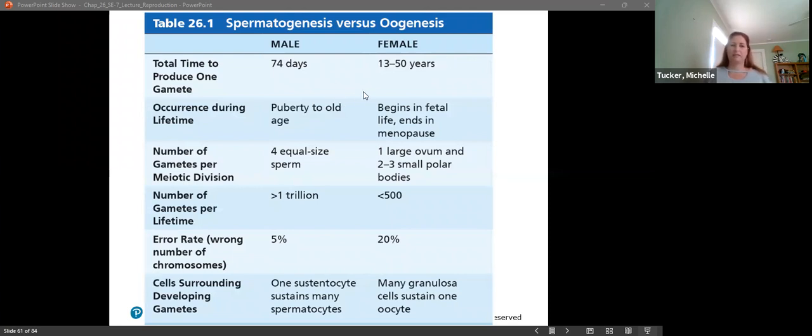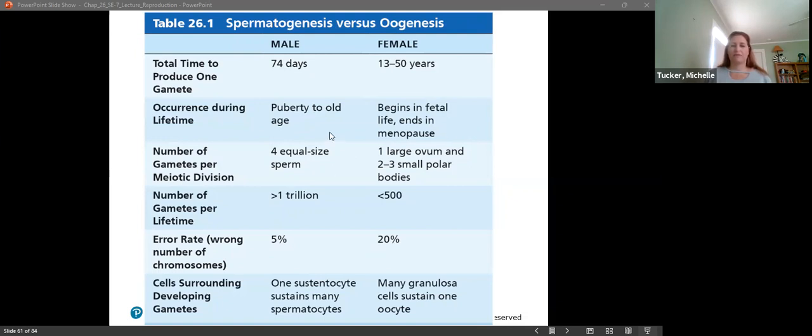The ability to produce viable gametes for males starts in puberty, and the ability continues to pretty old age, like about 70 years old. For females, it begins in fetal life, then it arrests, and it ends in menopause.